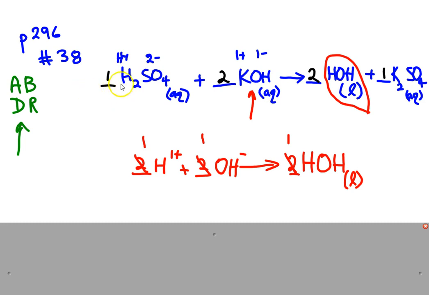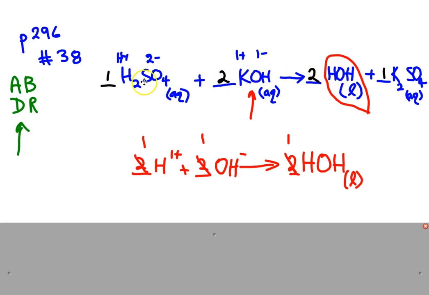But I did the complete balancing of the skeleton equation, and then I took the water, because that's a liquid, and the liquid is what we have, and the liquid has to go in the right side of the net ionic equation.